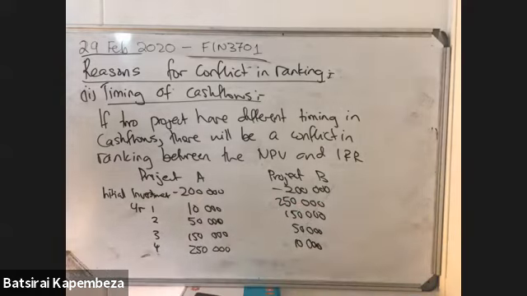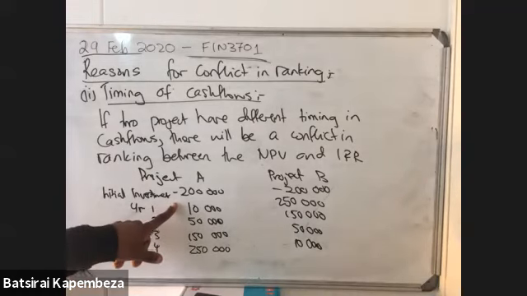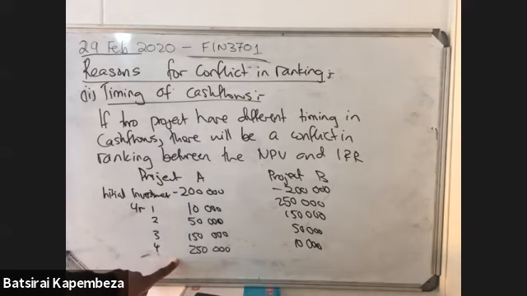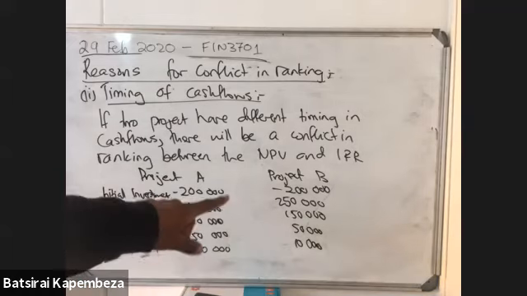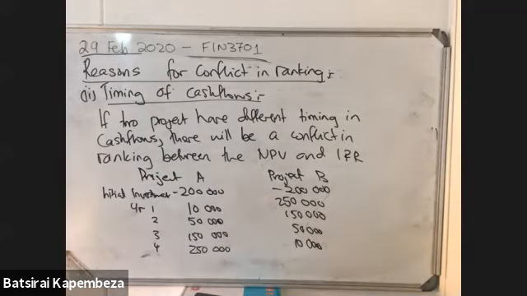This is what we call a difference in the timing of cash flows. As you can see, the cash flows for project A start at 10,000 and they increase going up to 250. Whereas the cash flows for project B start at 250 and they go down to 10,000.